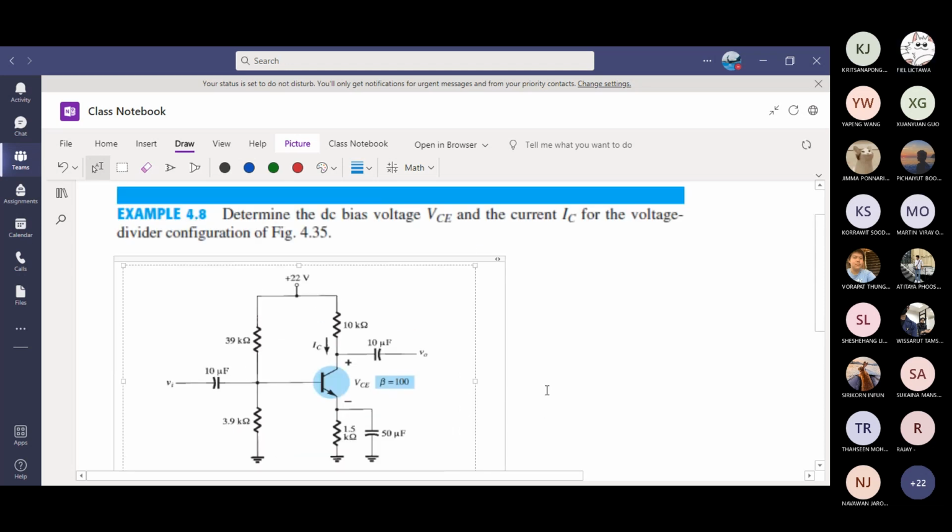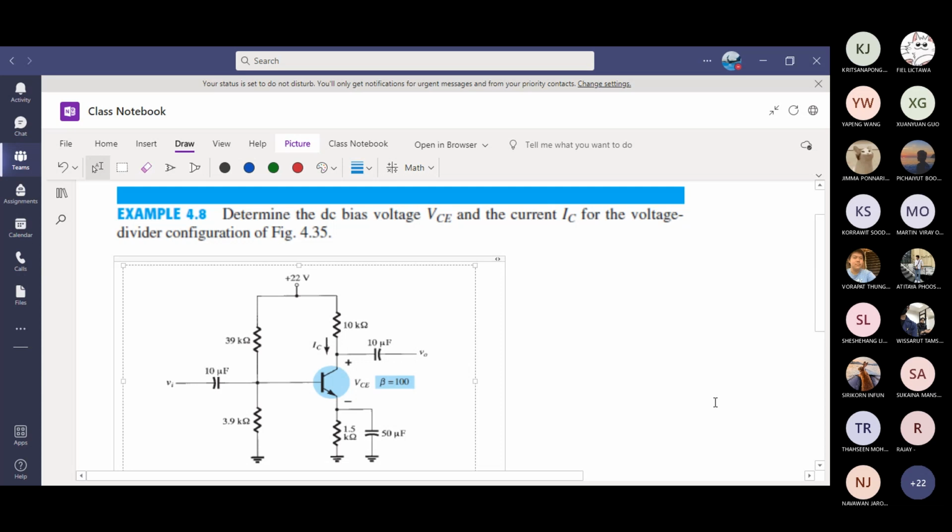Determine the DC bias voltage VCE and current IC for the voltage divider configuration shown. It does not say whether we should do the exact analysis or approximate analysis, so we can do the exact analysis first. Is beta times RE greater than 10R2?